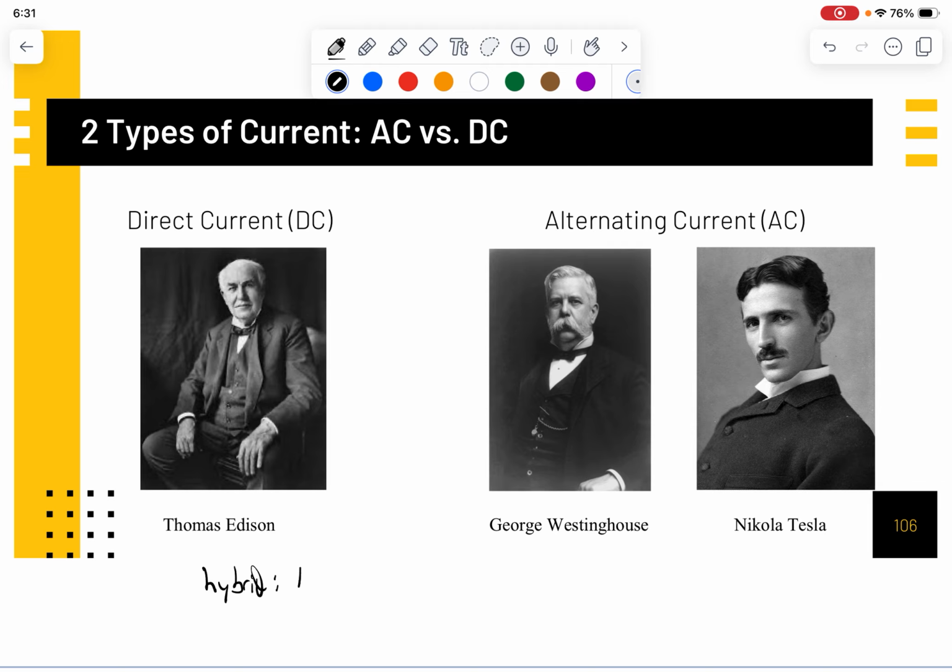Alternating current moves our electricity from a power plant to our homes. Again, this is what our modern power grid does.